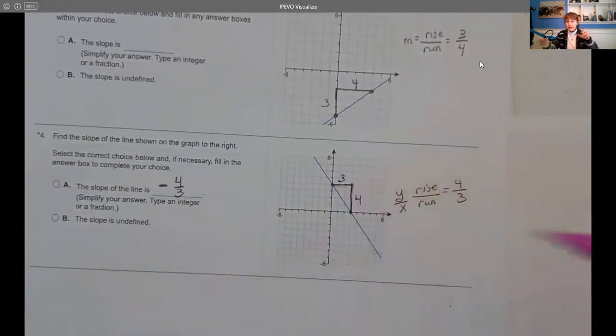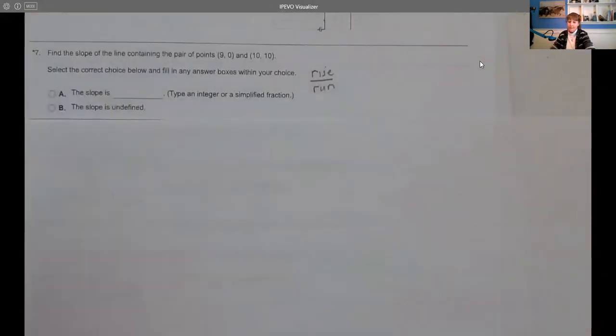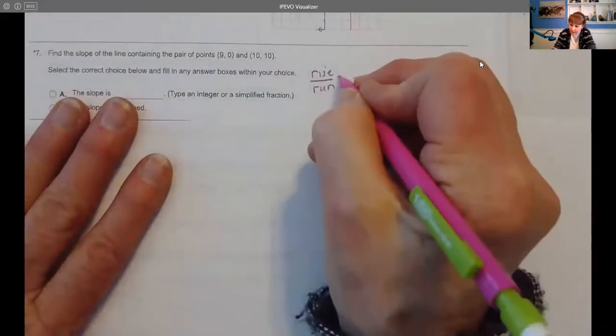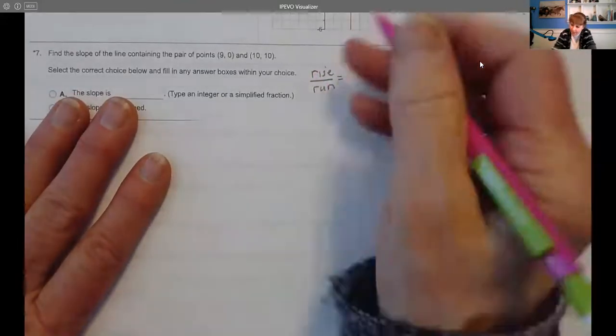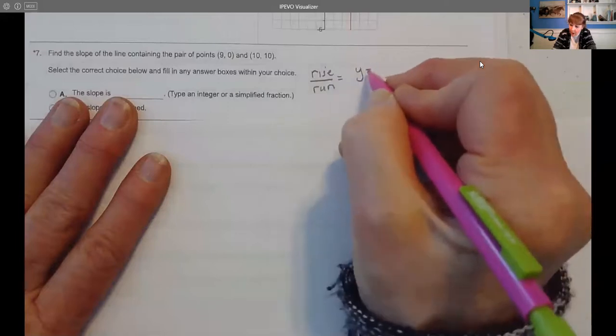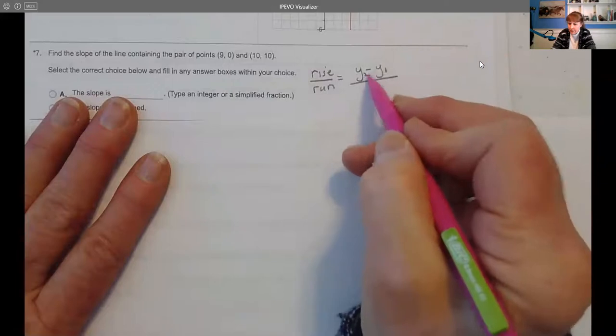And whenever you want to find a distance between 2 things that are on a straight line, you can subtract them. So we're going to use that idea. The rise is going to be, because the rise depends upon the y's, we're going to subtract the y coordinates. I'm just going to put the 2 and the 1, these are subscripts.